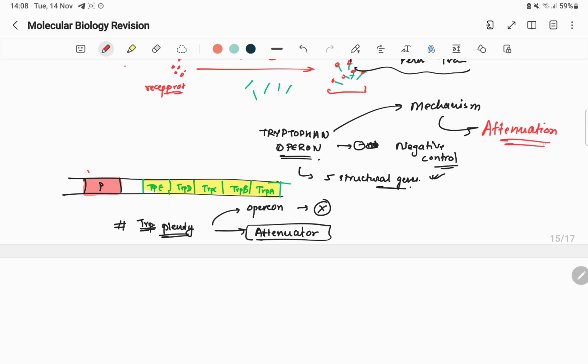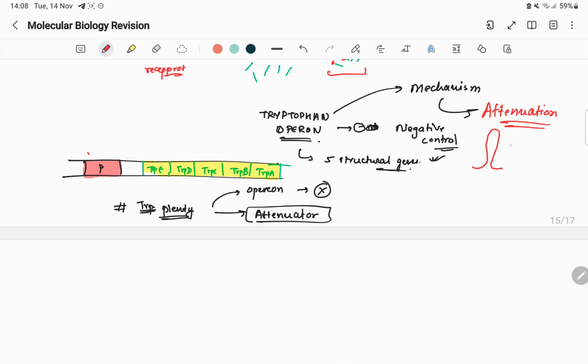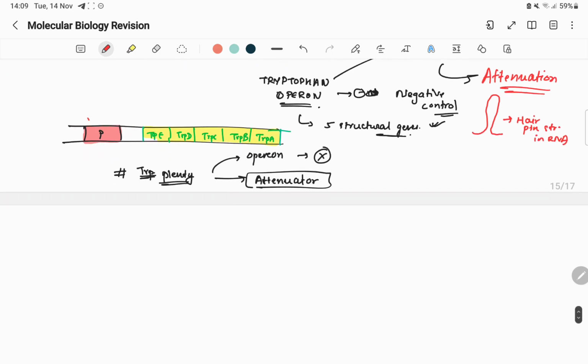So what is attenuation? Attenuation is the formation of a hairpin structure in the RNA. If tryptophan is plenty, the hairpin structure will form in the RNA, and this hairpin structure will prevent the transcription process.